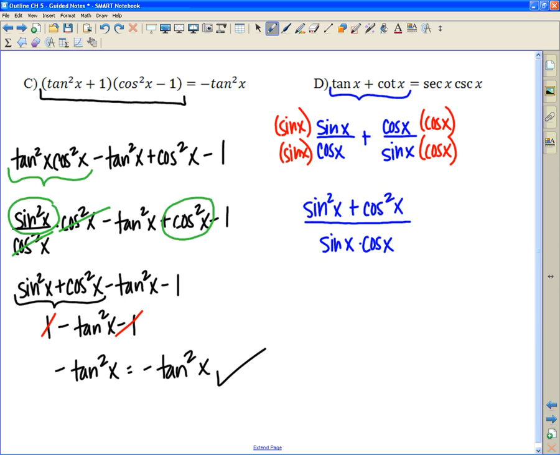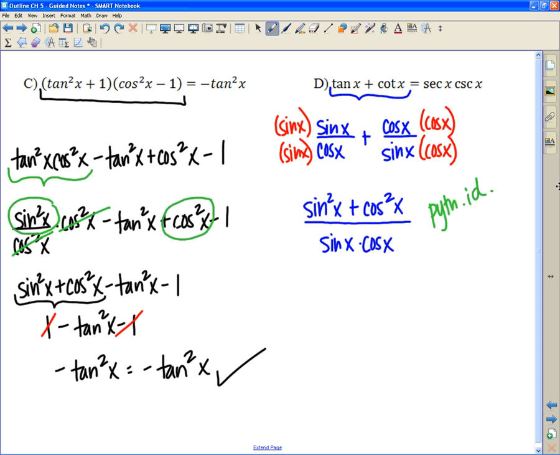Now, it's important to look back at what we want. We're wanting a secant and a cosecant, which I'm really happy that I have a sine and cosine on the bottom. Up here at the top, it would be a lot more helpful if that could change to a 1. Lucky for us, we have Pythagorean identities.